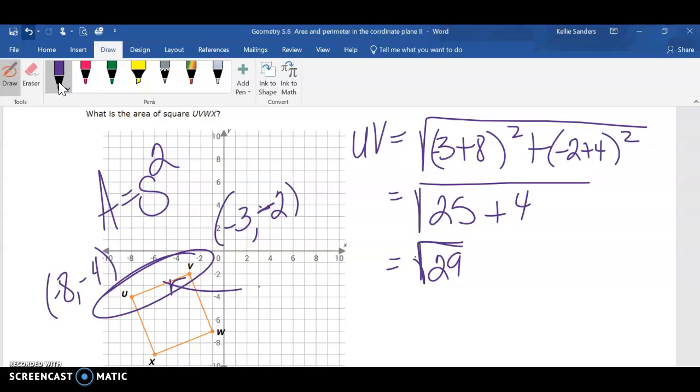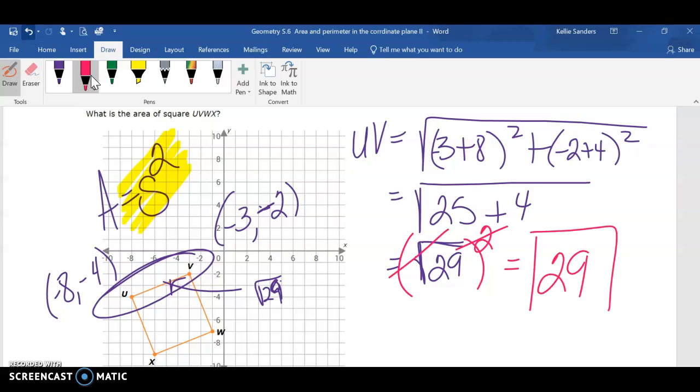So this length right here is the square root of 29, and it doesn't simplify any. So we need to find the area. What we're going to do is take this side and square it. And when you square something already square rooted, those undo each other, so our answer is going to be 29.